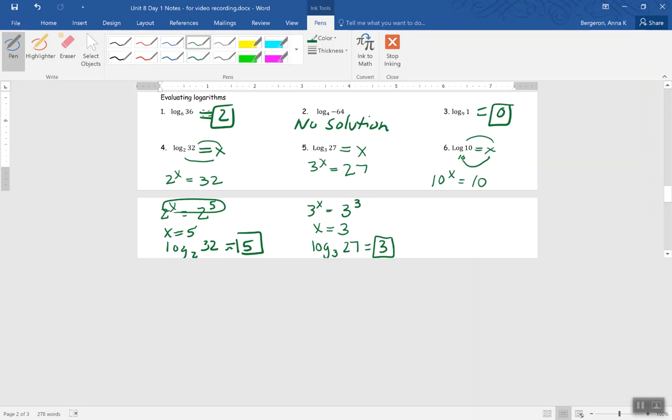In this case, my bases are actually the same already. And this would be 10 to the first power, right? Any number to the first power is itself. So my bases were already the same, so my exponent will be 1. So log base 10 of 10 equals 1.